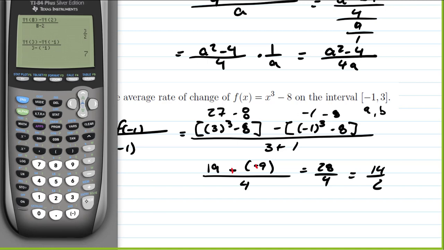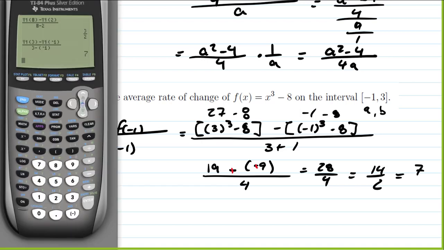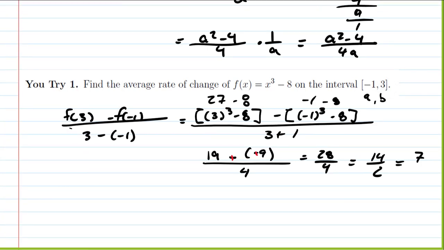And yes, 14 over 2, wow. Or, yeah, apparently I need to have another coffee this morning. There we go. 14 over 2 does indeed reduce to 7, and our calculator agrees.